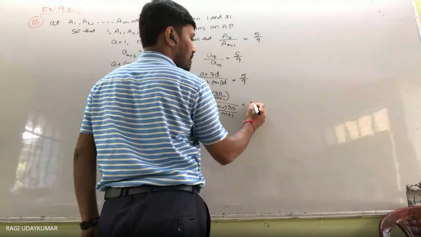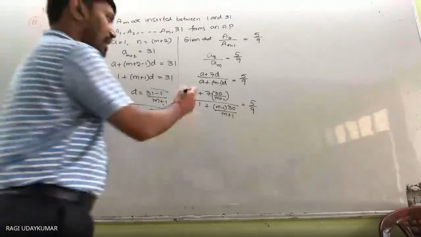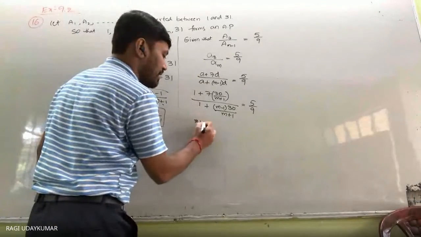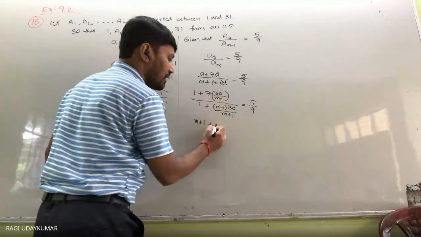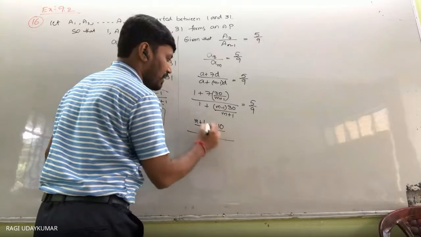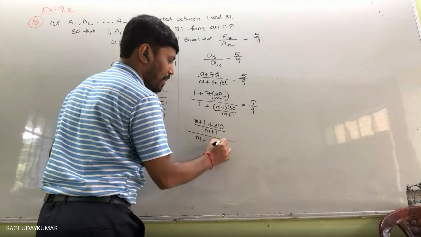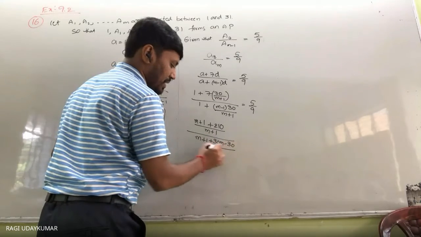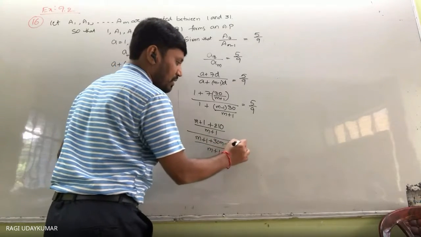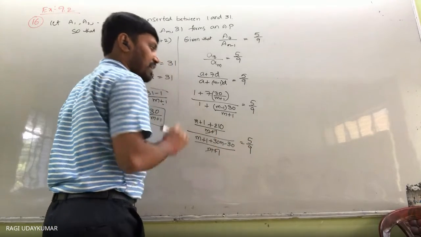From this, you need to find the m value. Just a linear equation only you are going to get. On simplifying, what do we get? (m plus 1 plus 7 into 30, 210) by (m plus 1), divided by (m plus 1 plus 30m minus 30) divided by (m plus 1), is equal to 5 by 9. So this m plus 1 will get cancelled.